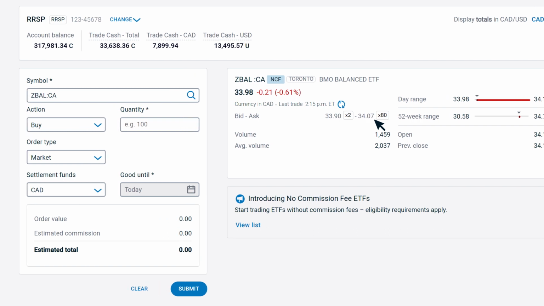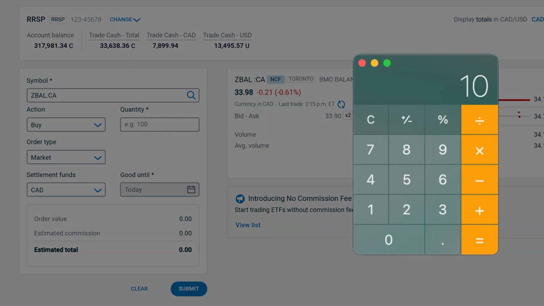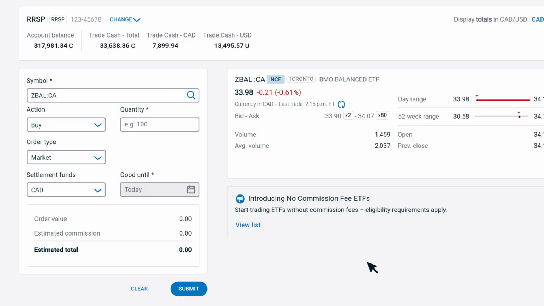Let's say we wanted to buy $1,000 worth of ZBAL. First, make sure you select Buy as the action. On an exchange, we have to buy whole units. So we take $1,000 and divide by $33.98 per share to get just over 29 shares. The highest whole number we could afford is 29. Many transactions involve a trading commission.